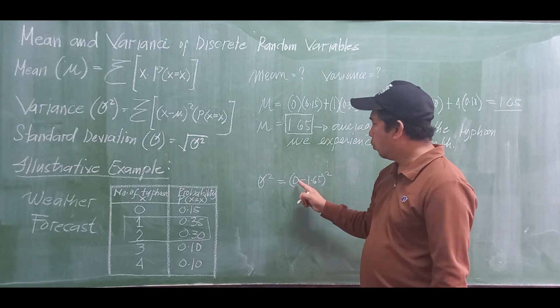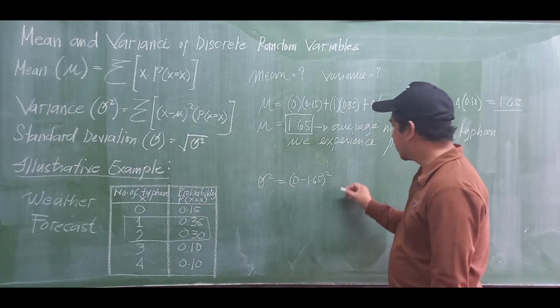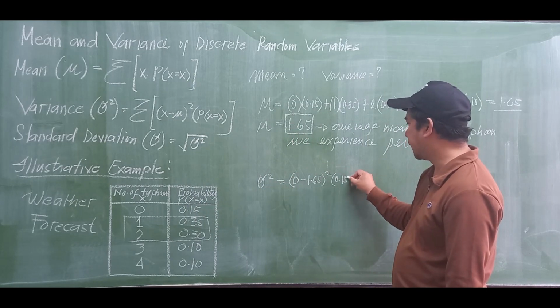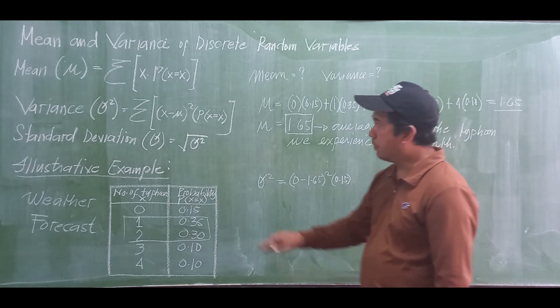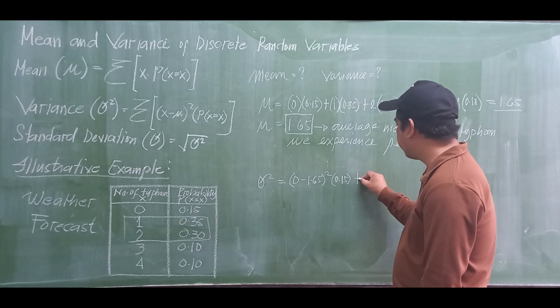Corresponding probability of that variable. What did we use? 0. What is its corresponding probability? That is 0.15. Now, we have another variable, so 1, plus. Okay?